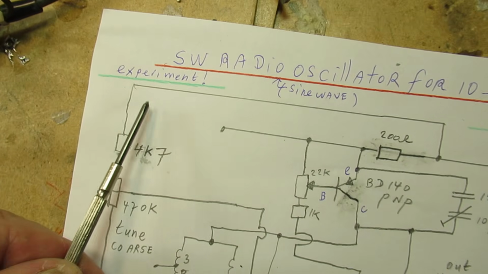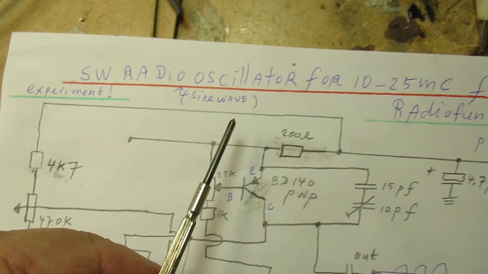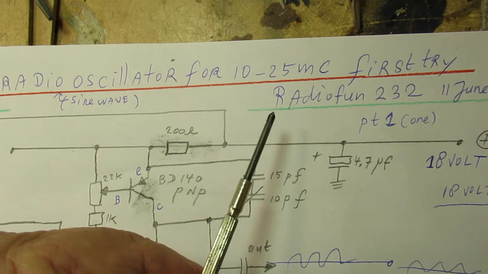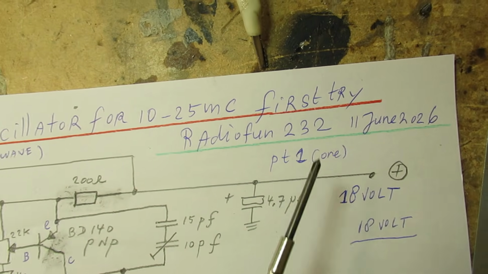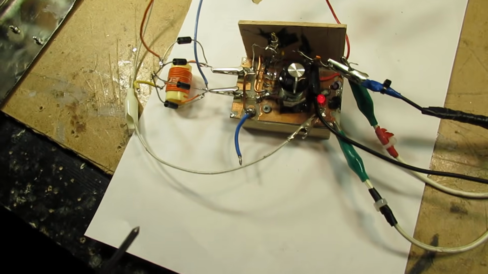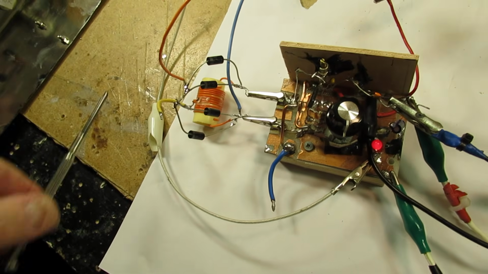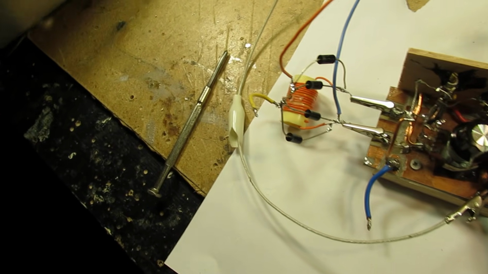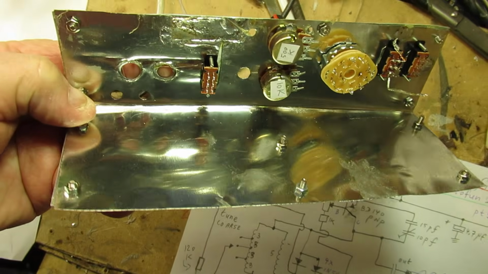again, it's an experiment, and well, a short wave radio oscillator for 10 to 25 megacycles. First try, and indeed it is a first try derived from the earlier circuit that I published on YouTube. And at the moment I'm working on this part here.